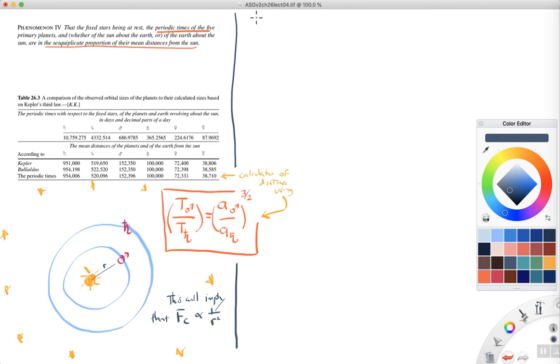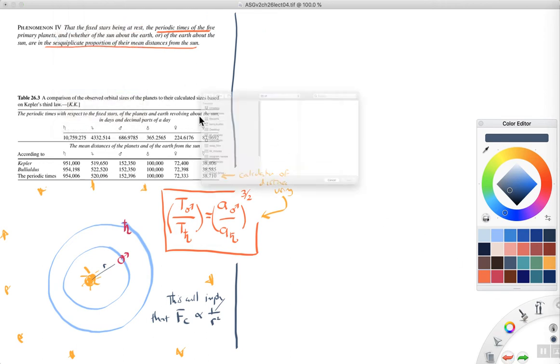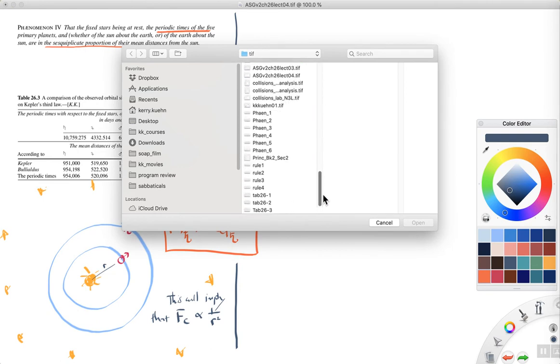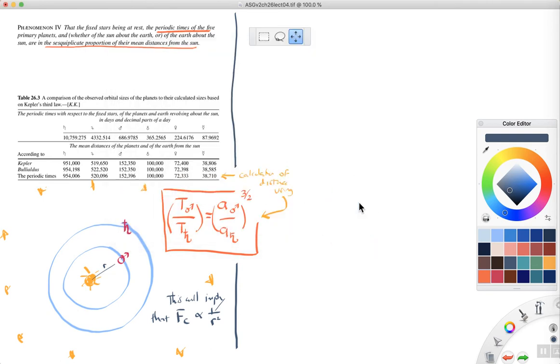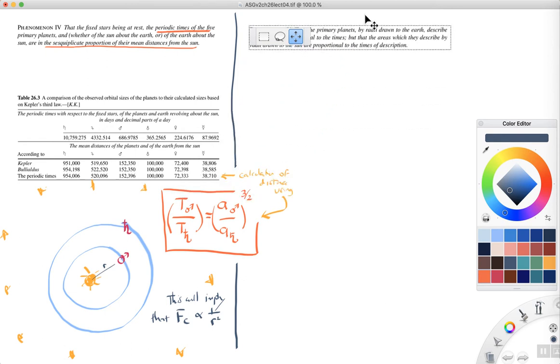Okay, let's talk about phenomenon 5 and then 6, and then we'll be done with this chapter. So what is phenomenon 5? Actually, let me go ahead and import it. Phenomenon 5. Let's put it right up here.